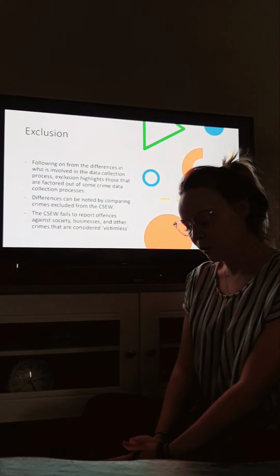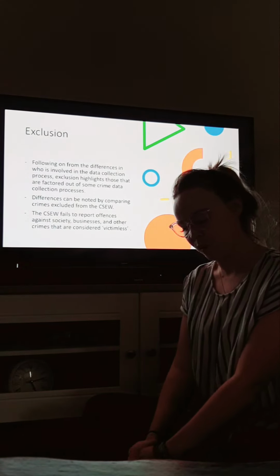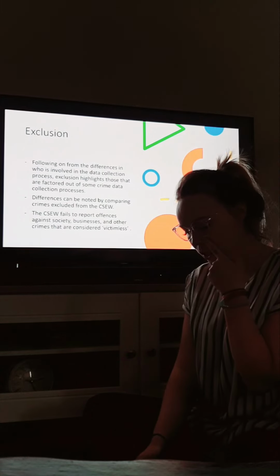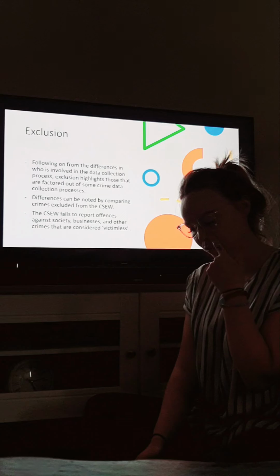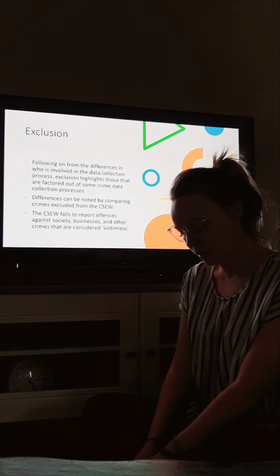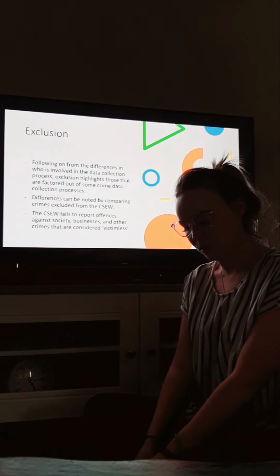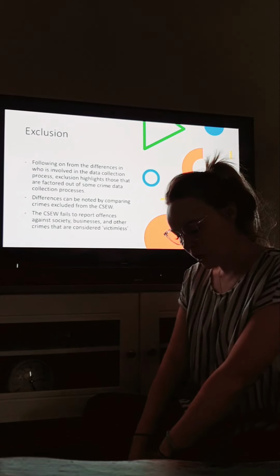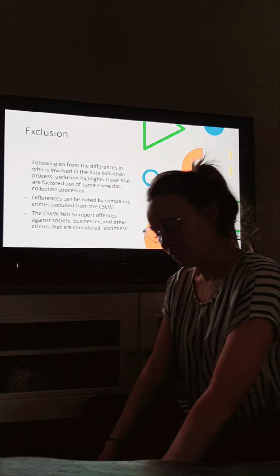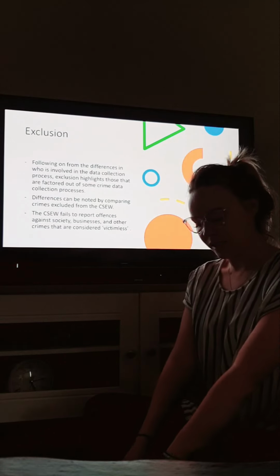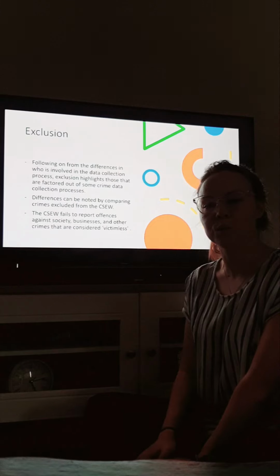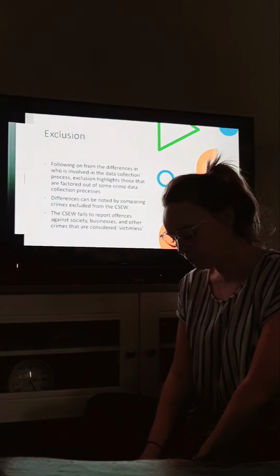Exclusion. Following on from the differences in who is involved in the data collection process, exclusion highlights those that are factored out of some crime data collection processes. Differences can be noted by comparing crimes excluded from the CSEW. The CSEW fails to report offences against society, businesses, and other crimes that are considered victimless, such as prostitution or drug use.